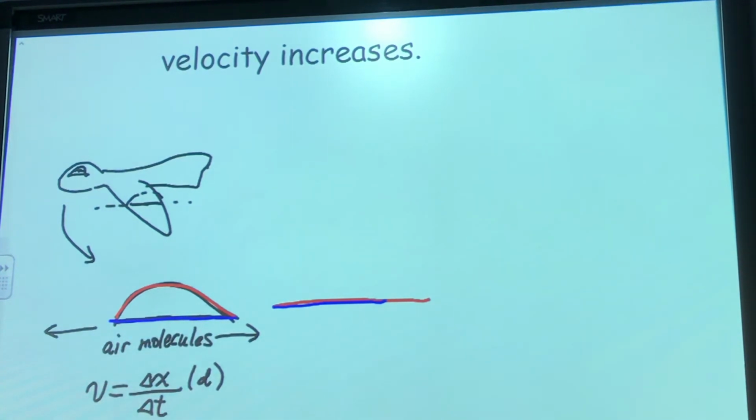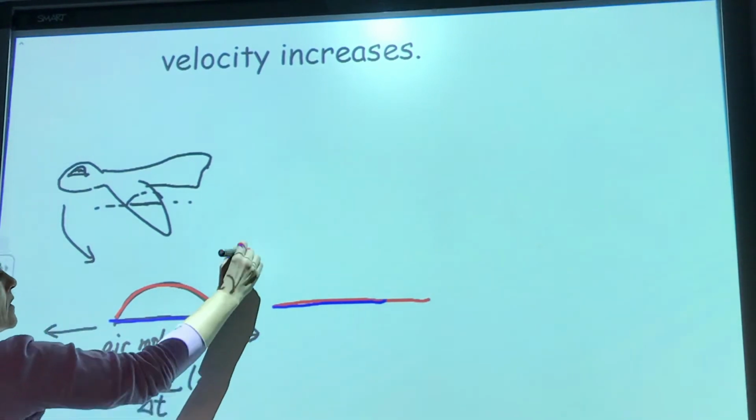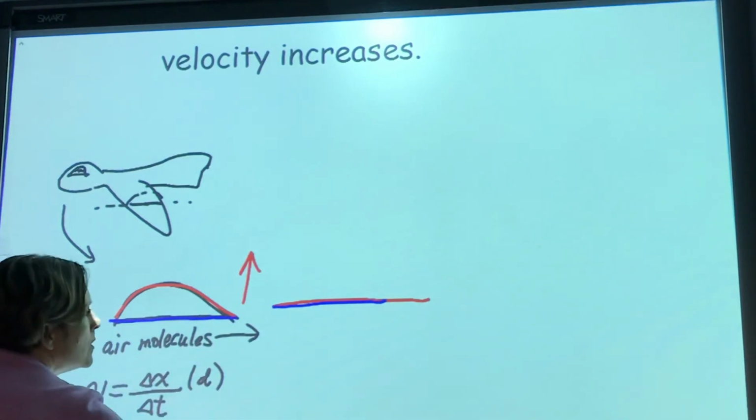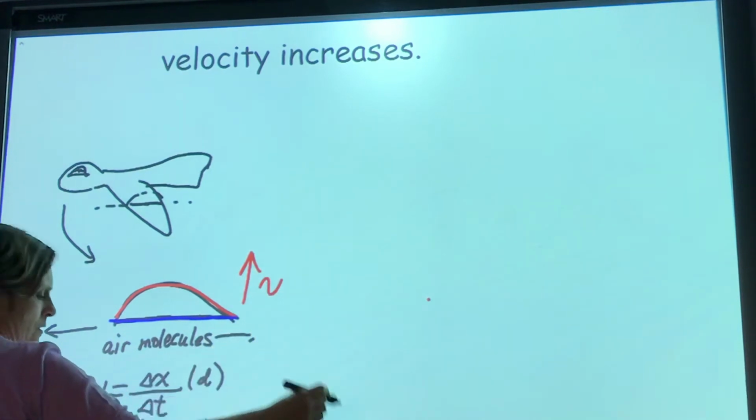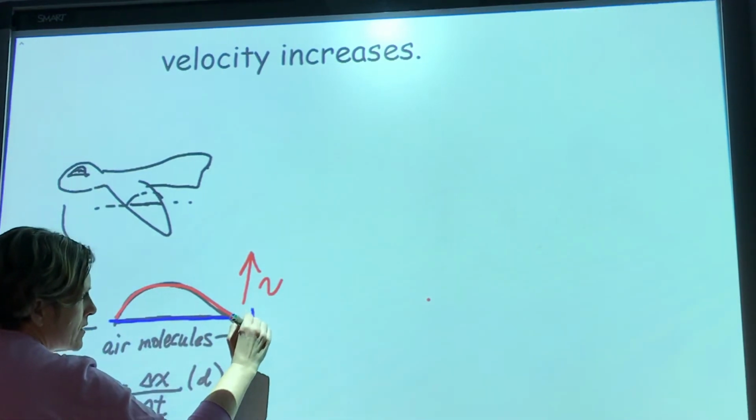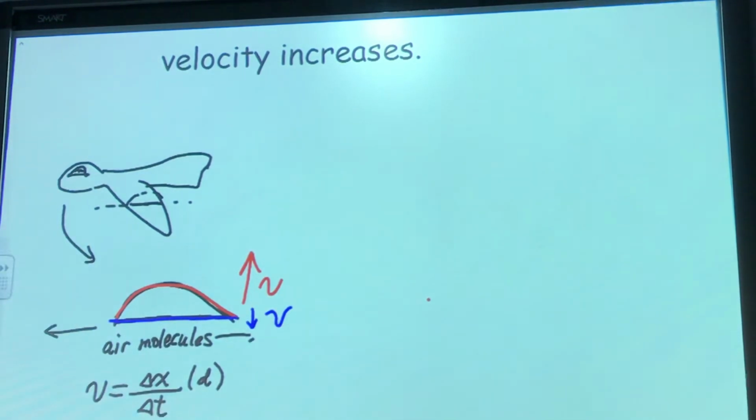And what did Bernoulli's principle say? It said that the higher the velocity of the fluid, the lower the pressure. So if we have higher velocity on the top, okay, lower velocity on the bottom, what does Bernoulli's principle say will happen?